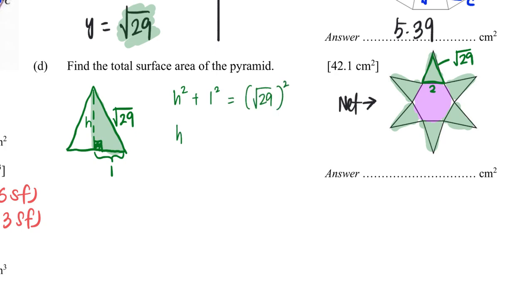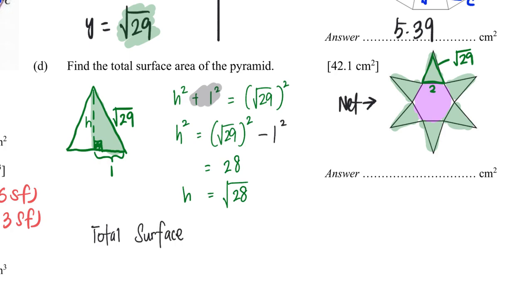By doing some algebraic manipulation, I will minus 1 square, and this will give me 28. So my h is the square root of 28. And then I will be able to find the total surface area.